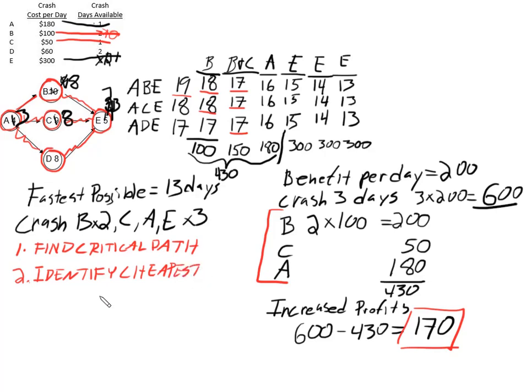So we identified what the cheapest activity or activities to crash would be. And then the third thing was we actually crashed those activities.